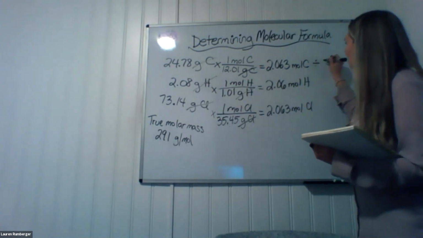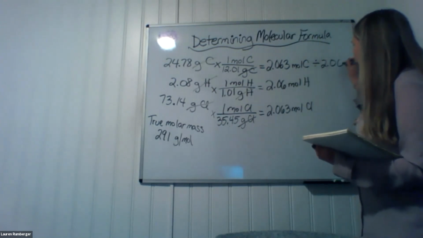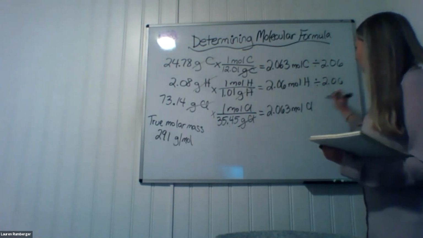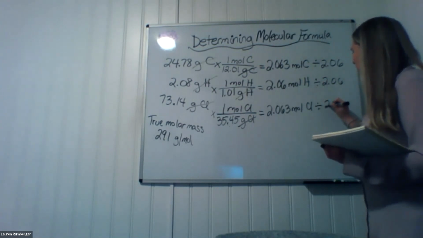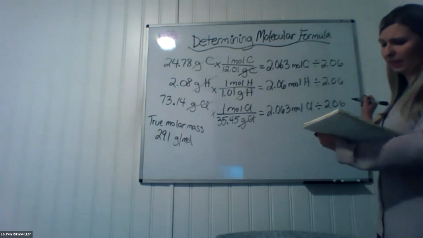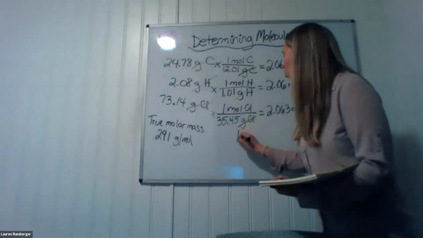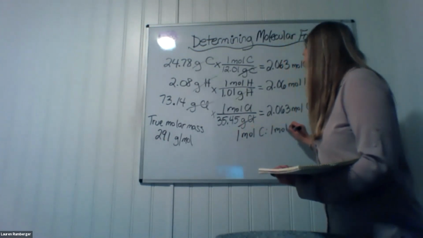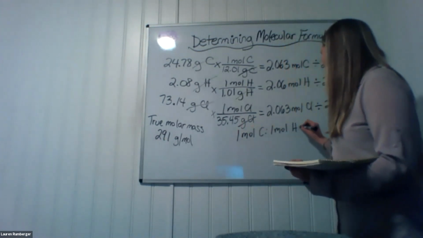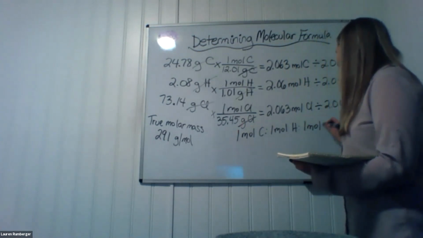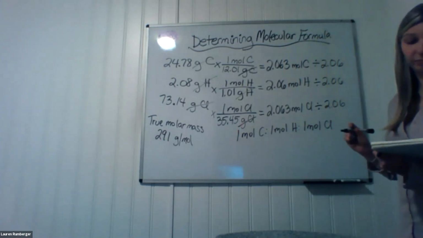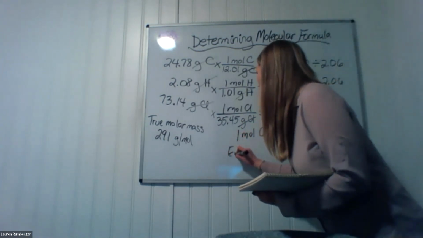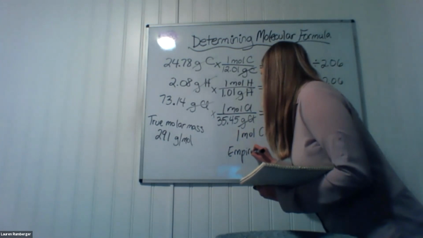So just to go through the process, I'm going to divide each one by 2.06. And what you get is 1 mole of carbon to 1 mole of hydrogen to 1 mole of chlorine. Therefore, the empirical formula, okay, so we got the empirical formula now.